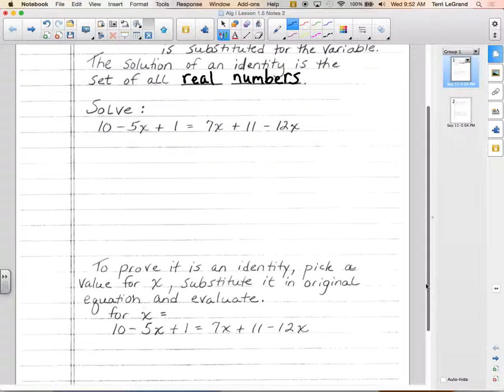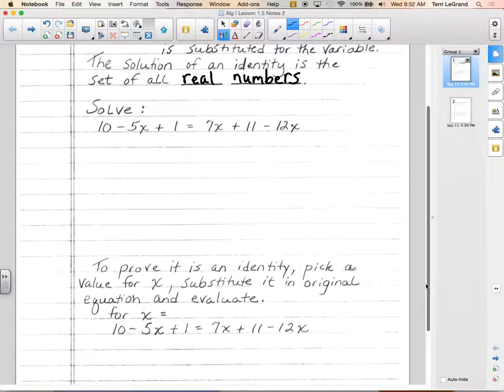Okay, you guys already know how to solve that one, so go ahead. Do that right now, please. Go ahead and solve it, because remember, there's lots of different ways to start it. But I'm going to suggest that you simplify both sides first, or you might not have enough lines to show your work.